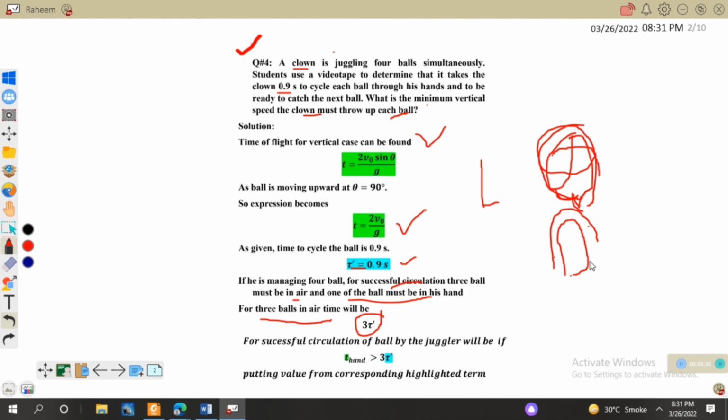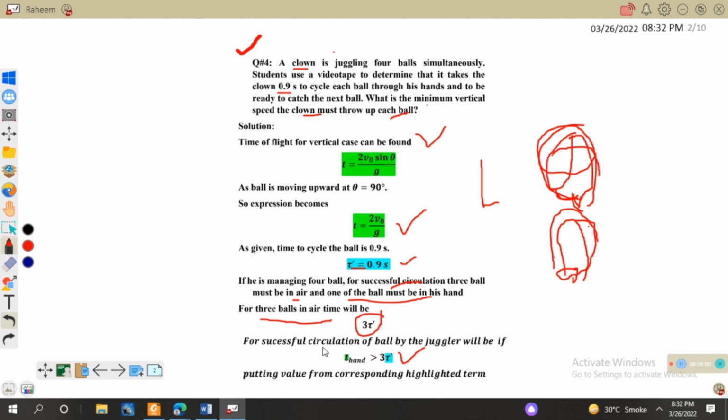So for successful circulation, the time of the ball which is in hand, t in hand, should be greater than or equal to 3 times ta prime, because when the 4th ball comes into his hand, the first ball should leave his hand.